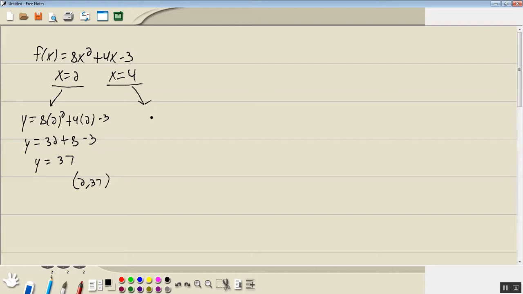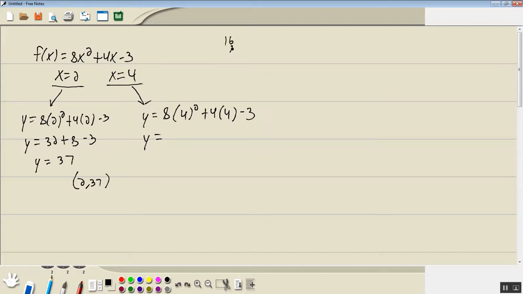Now for this one, I'm going to have y is equal to 8 times 4 squared plus 4 times 4 minus 3. I'll plug in 4 for the x.